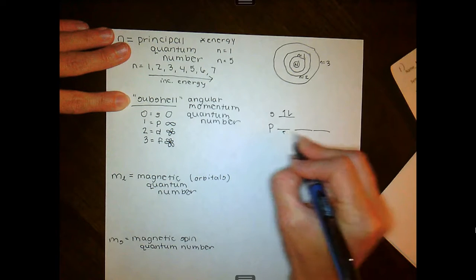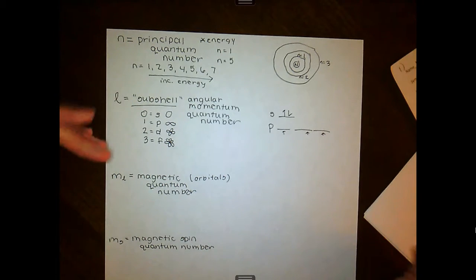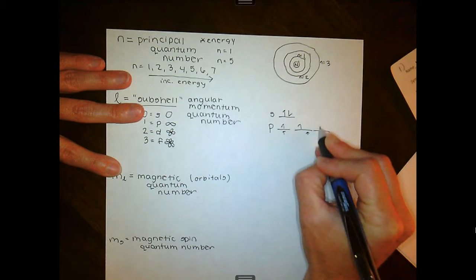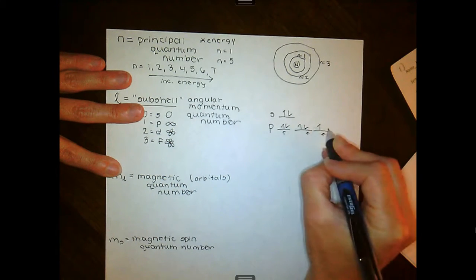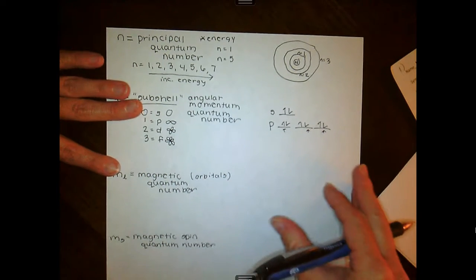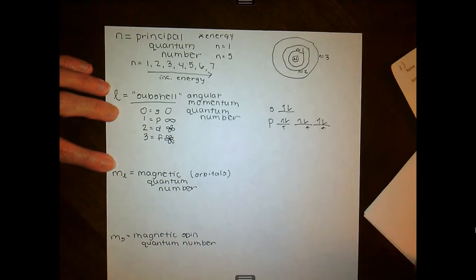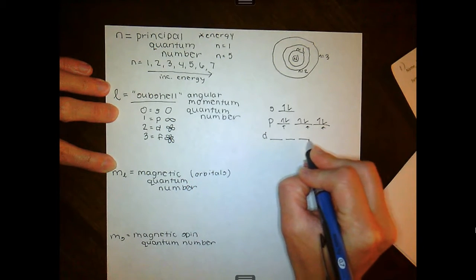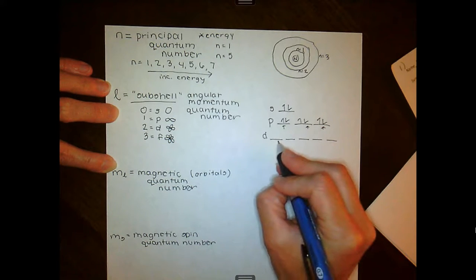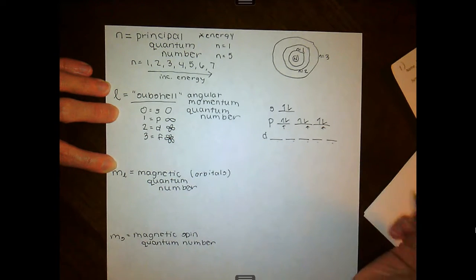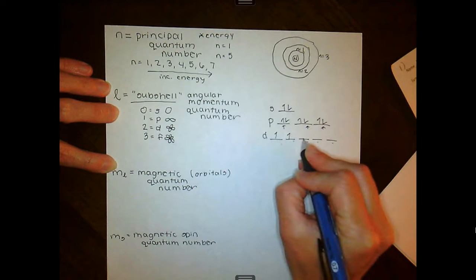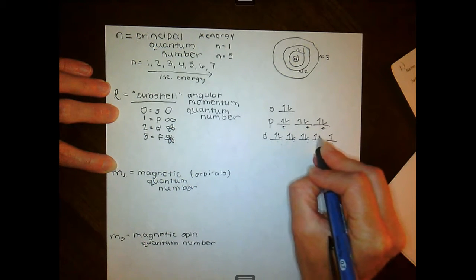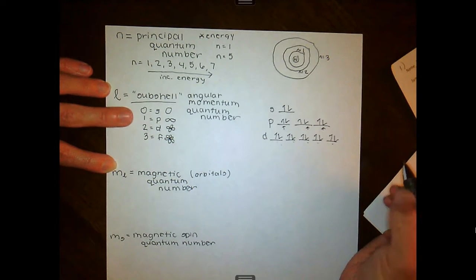Each one of those is called an orbital, and it's a location where 2 electrons can exist. So the P sublevel can hold a total of 6 electrons, and those little arrows that I'm putting in there represent electrons. The D sublevel can hold a total of 10 electrons. It has 5 orbitals here, so it can hold 1, 2, 3, 4, 5, 6, 7, 8, 9, and 10 electrons.